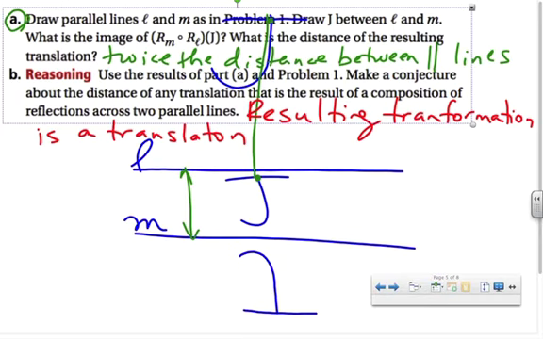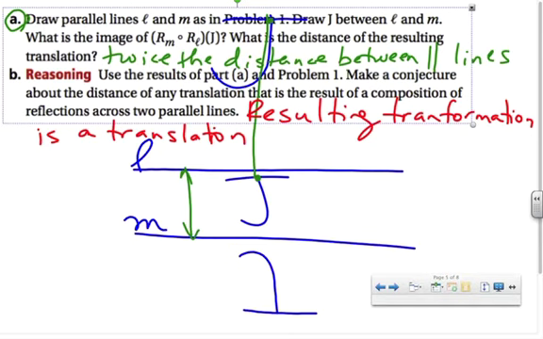and I would hope that even without thinking the word, you realized, first of all, that I can't spell at this late hour, you would realize that the direction of the translation is perpendicular to the parallel lines.